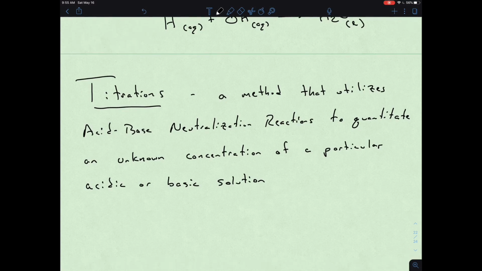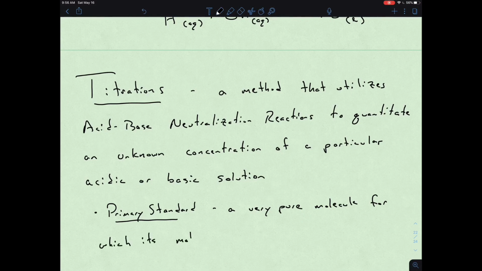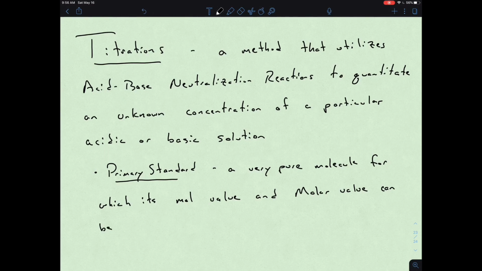One term is the primary standard. Primary standard is basically a very pure molecule for which its mole value and molar value can be determined with good accuracy.